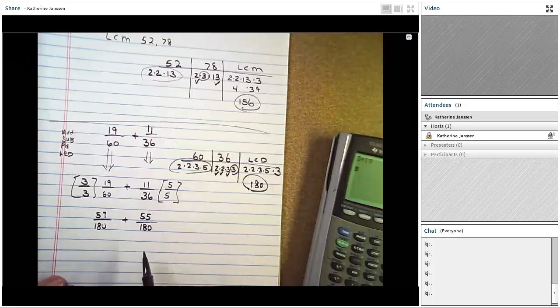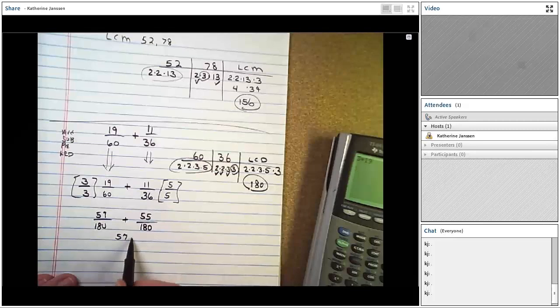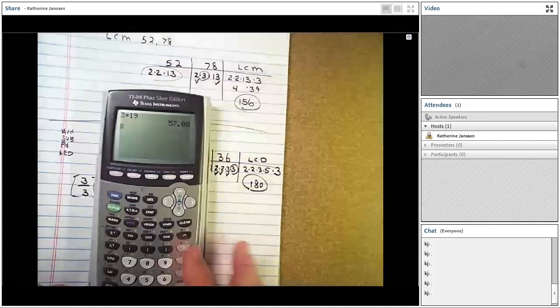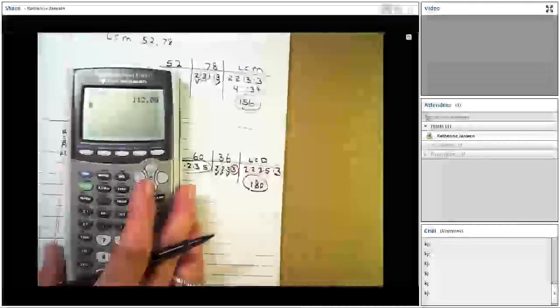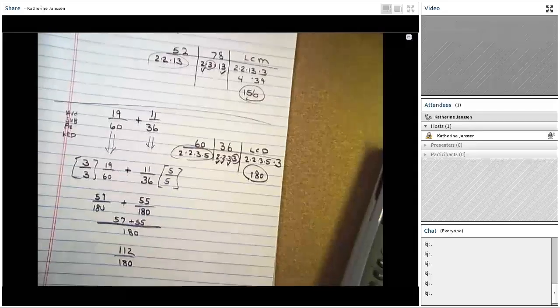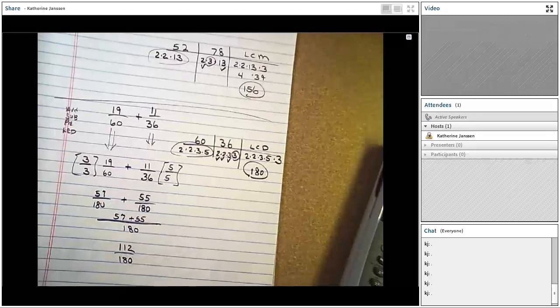I now have my common denominator, so I can add numerators all over my common denominator. 55 plus 57 is 112. Obviously, 2 goes into each of those.